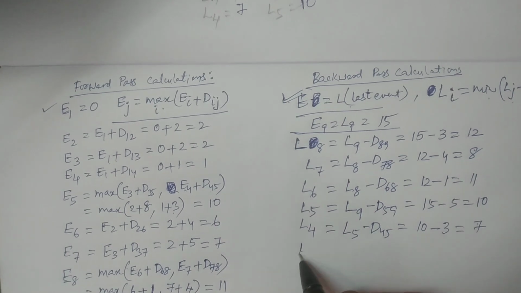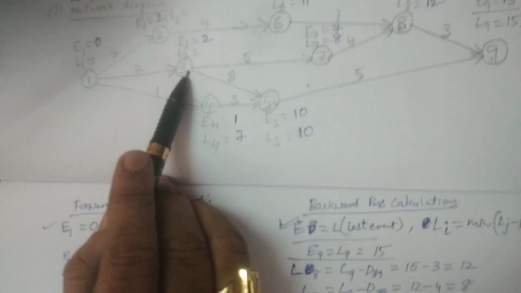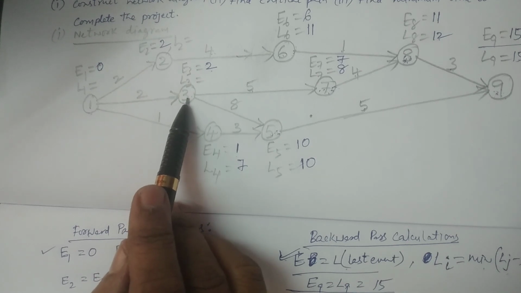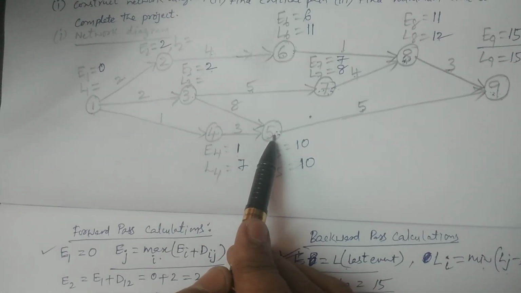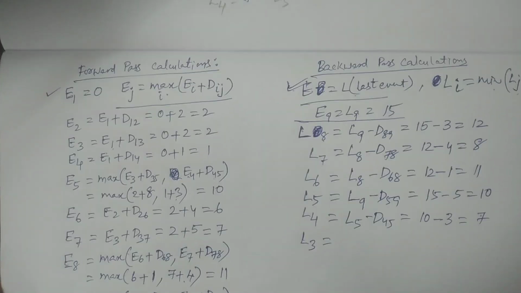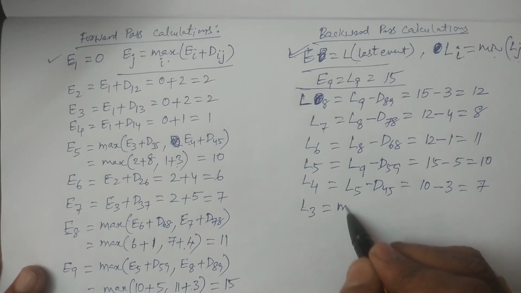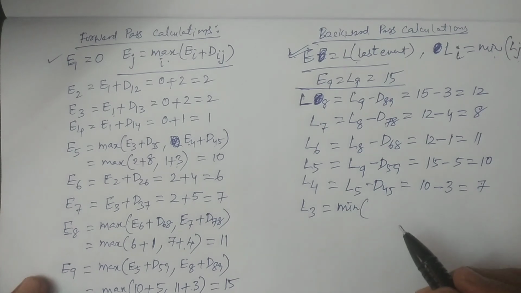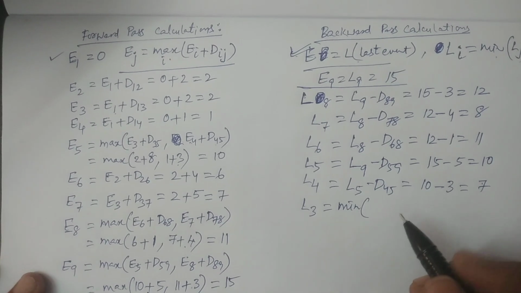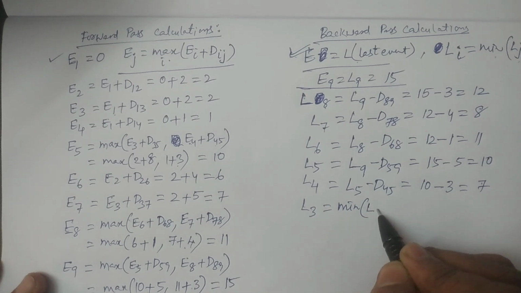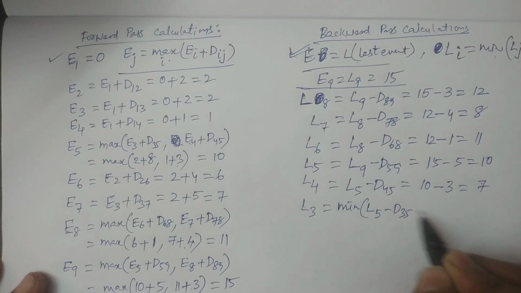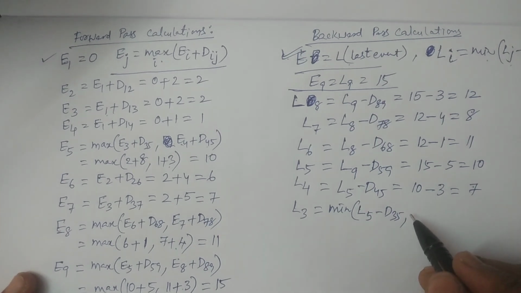And then L3, coming back to the third one. Observe here, the third node, third event, is connected to two other events, 3 to 7 and 3 to 5. It is coming from 5 and 7, so you have to consider the minimum formula. I am writing the formula first. From 5, L5 minus D35, that is one value.